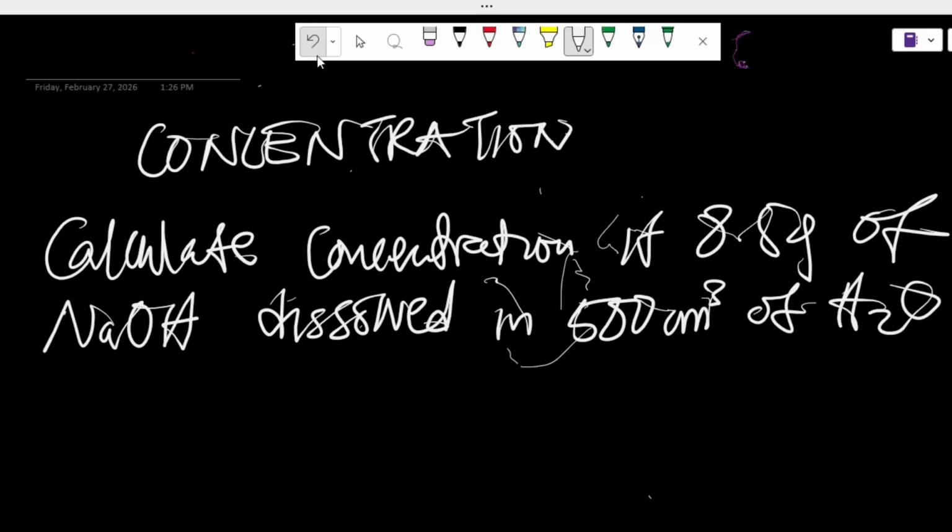So how do you find the concentration? Now, the first thing that you need to do is to find the number of moles of sodium hydroxide.